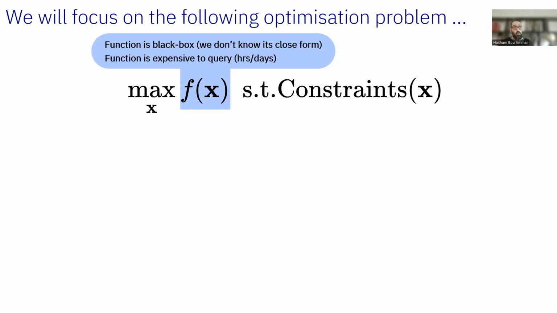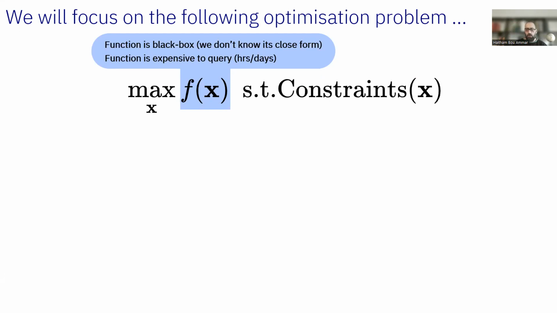But to make matters worse, we also know that this function is very expensive to query. It will need hours or days to return one evaluation for a variable x that I'm trying. So I have a problem where my function is a black box and it is expensive to evaluate.